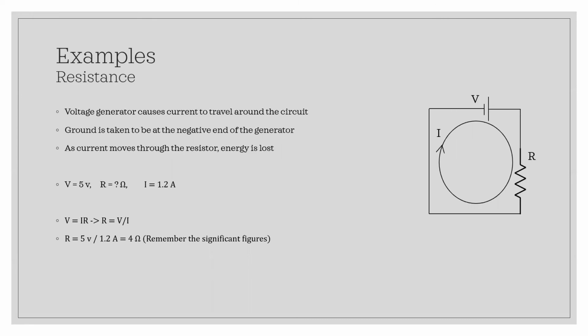So we're solving for resistance using Ohm's law. Resistance is equal to voltage over current, or 5 volts over 1.2 amps, which gives us 4 ohms. Remember that significant figures matter, and while current had 2 sig figs, voltage only had 1, so your final answer should be given with 1 significant figure.